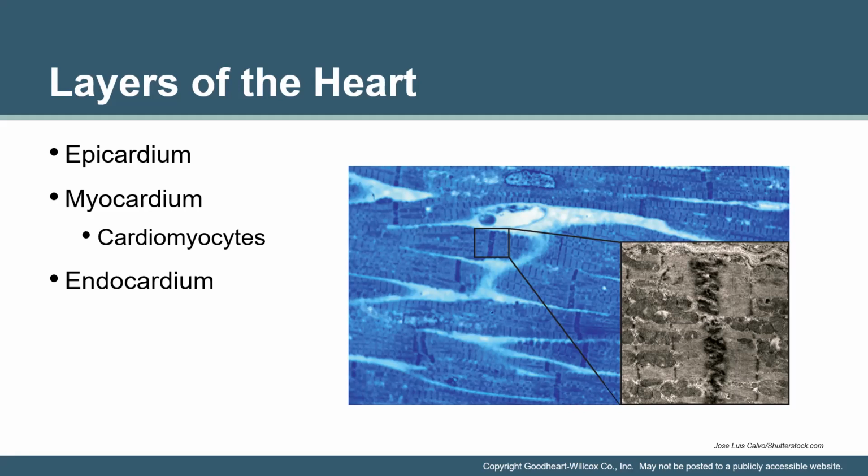This layer lines the interior of the heart chambers and covers the valves of the heart as well. The endocardium will connect to the great vessels, being all big vessels that are coming into and out of the heart. The endothelial cells in the endocardium will help the blood flow smoothly throughout the heart and into the great vessels.